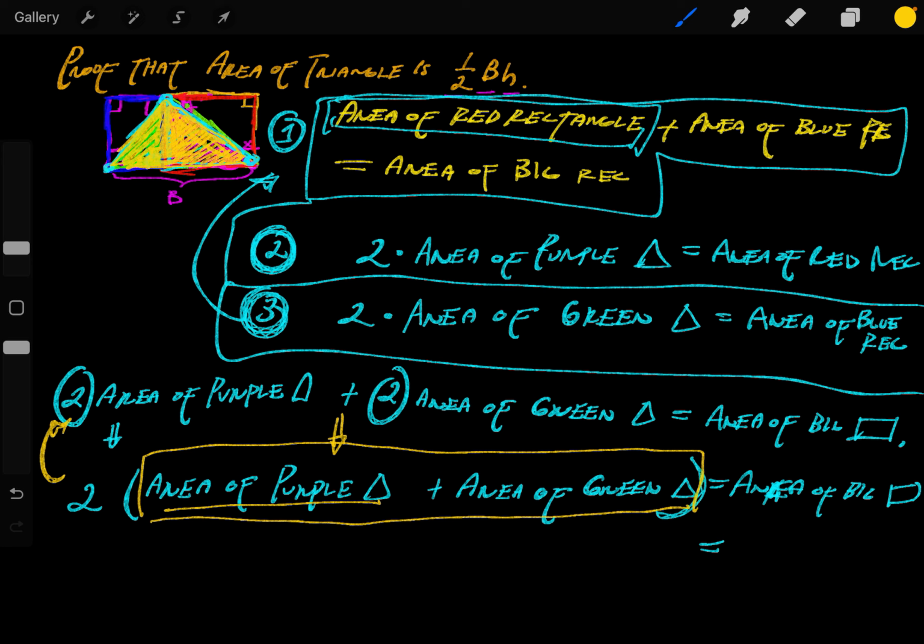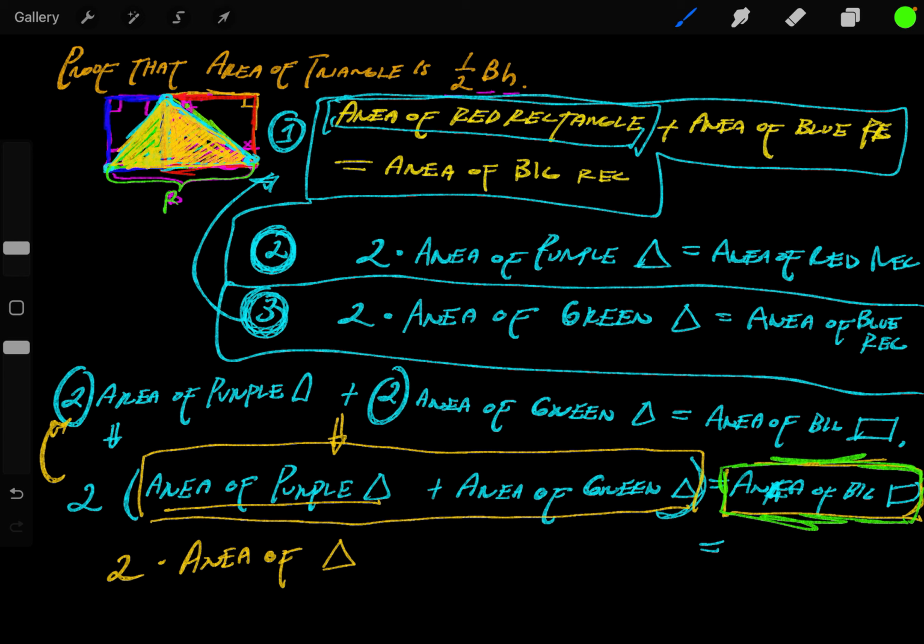So instead of me writing this sum, I'm going to write it as 2 times the area of, and I'm just going to say triangle. And it's equal to the area of the big square. Now let's investigate the area of the big square a little bit further. Well, this length for sure for the big square is definitely b.